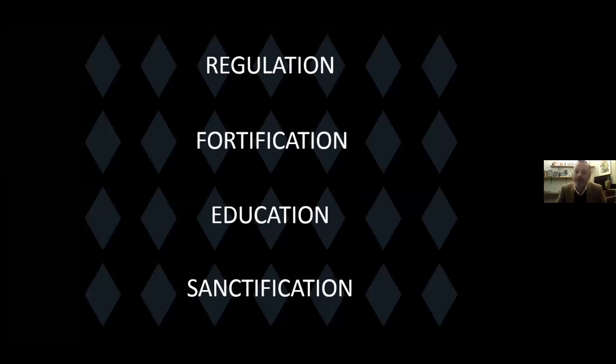Fortification of human integrity, education, and sanctification. So again, an idea that this bell tower is speaking very directly to the Florentine people about expectations of behavior and the necessities employed in the insurance of a healthy and functioning society.